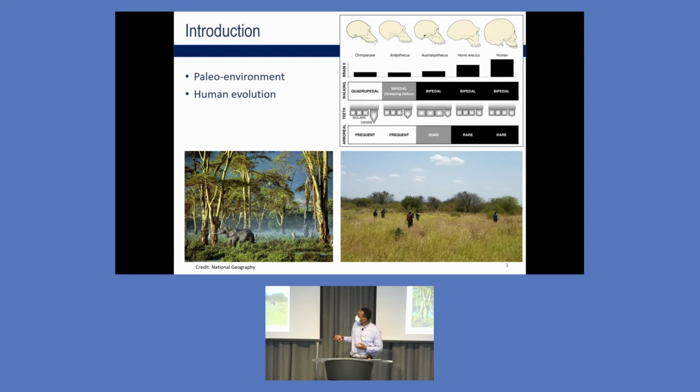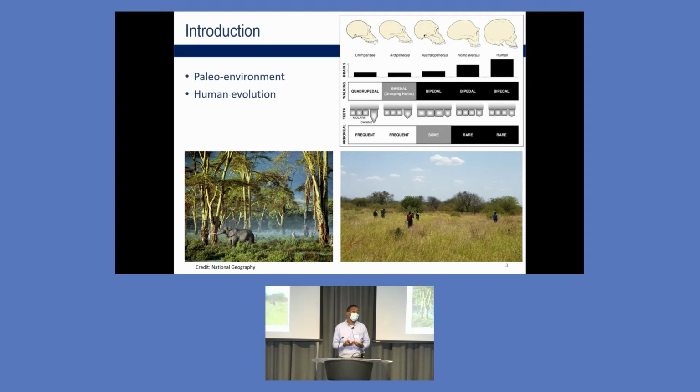But with the change in environment towards open grassland, the movement had to happen on the ground. So they had to stand upright, and they had to make the first step. So they became bipedal.